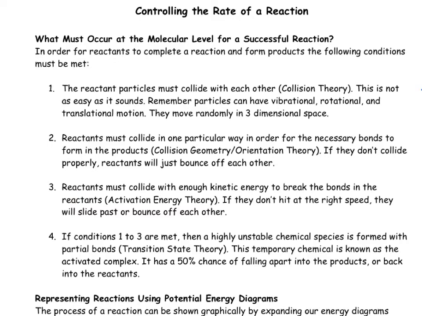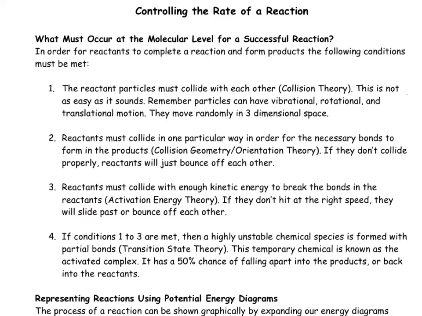So how is it that we can mix two reactants together and we get a reaction? Well, we often use billions and billions of particles, because the more collisions that happen, the better the chance that a proper collision is going to occur.